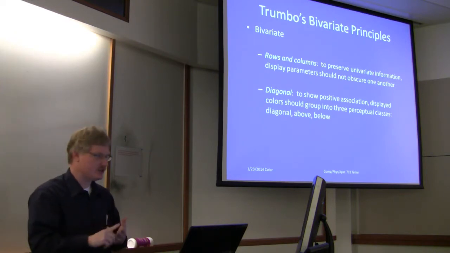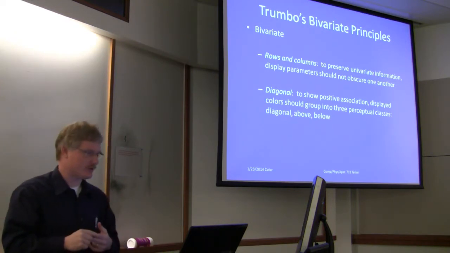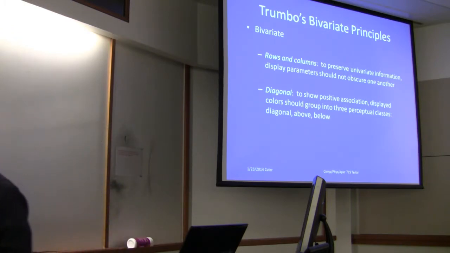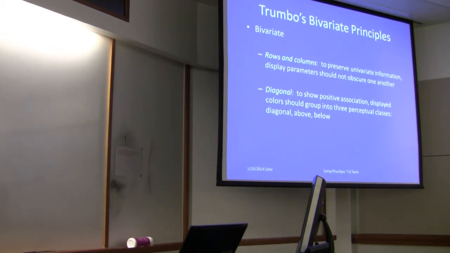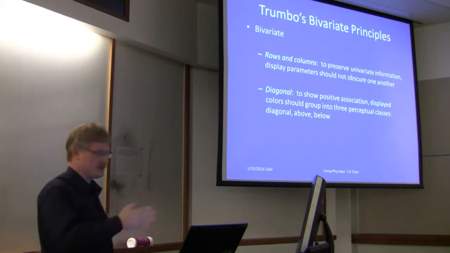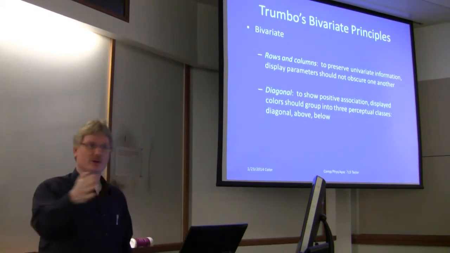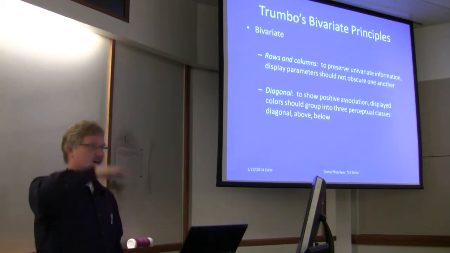And so if you have a two-variable color map, there's rows and columns, and there's diagonal. With rows and columns, I can tell the value on the row separately from the value on the column.